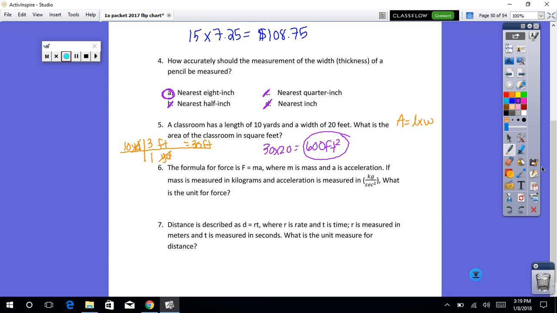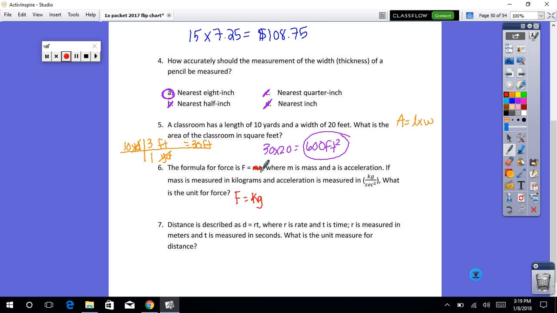Okay, for this next one, we are going to replace these variables right here with whatever they tell us each part is. Okay, so listen, sounds super complicated, but force is equal to m times a, which is mass and acceleration. Okay, if we measure mass in kilograms, I'm going to replace this m with kilograms. Okay, and we measure acceleration in this equation right here.